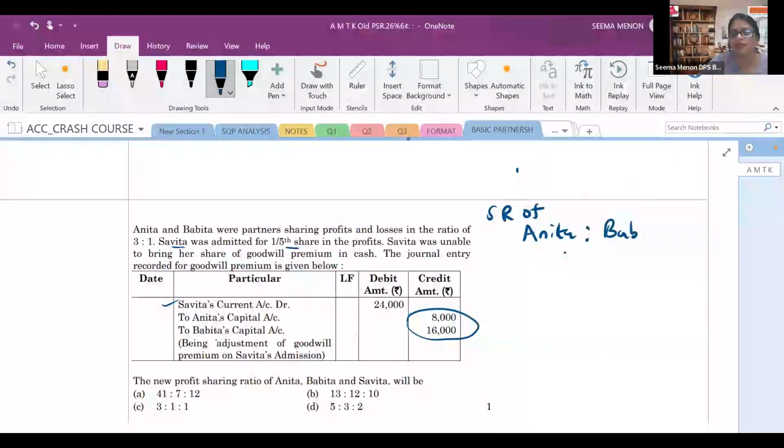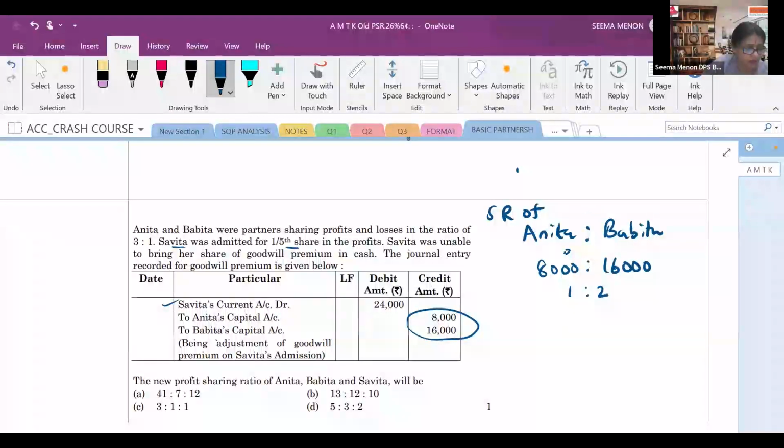Or A is to B also you can write, but in the examination you cannot write that. 8,000 is to 16,000. So you simplify this. Once you simplify this, 1 8,000 is 1 and 2 8,000s are 16,000 you will be getting.